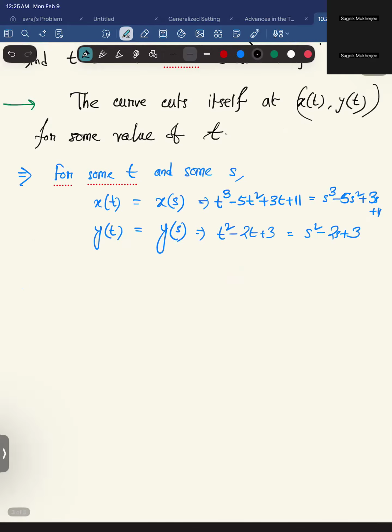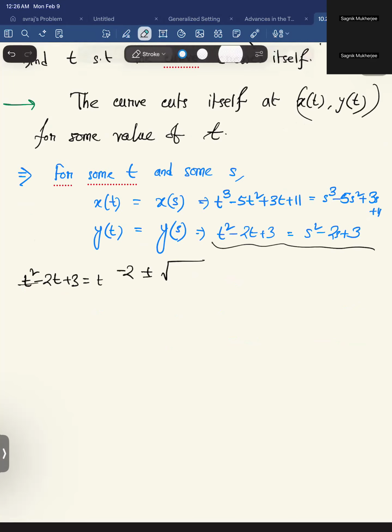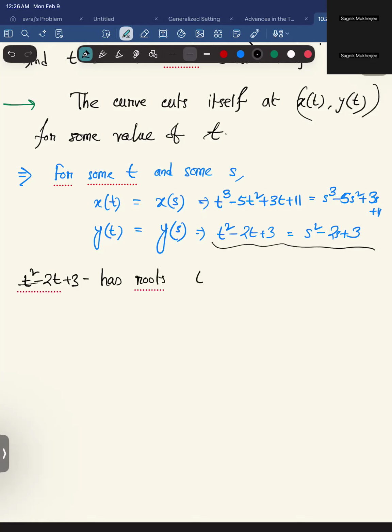Well, this one is kind of difficult to solve in the sense that you have to use the quadratic formula. So remember that t squared minus 2t plus 3 has roots, my bad, let me write it down more carefully. t equals negative 2 plus minus square root of 4 minus 12.